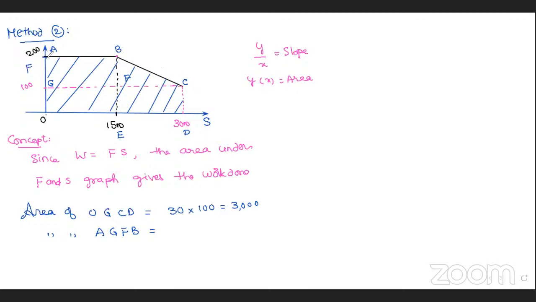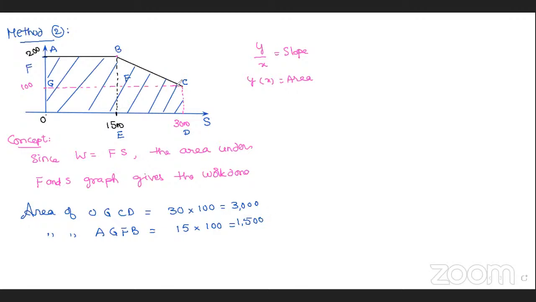You did the trapezium model, but I am doing a rectangle plus triangle. What is the length here? GF is 15, into breadth, 200 minus 100, which is 100. AG is 100. So this equals 1500.